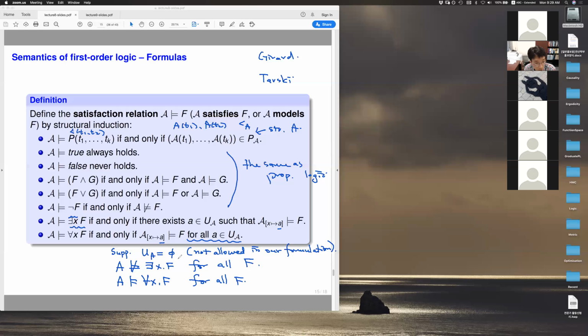So the point I'm making is that this definition looks very obvious and looks like no subtleties are going on here, but actually that's not the case. The expressions exists X, F and for all X, F are just syntactic formulas, but what kind of objects are available in our underlying universe makes a huge difference in the interpretation of existential and universal quantification.